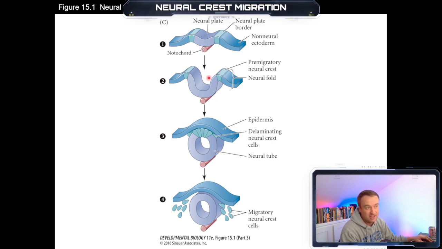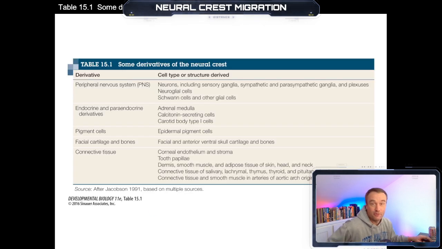So you can see here we have the neural tube finally closing, and we get the delamination occurring. And then they migrate out of the ectoderm tissue at that point, and they will go on to become other things. So what will they become? These neural crests will migrate and go on to do other jobs.